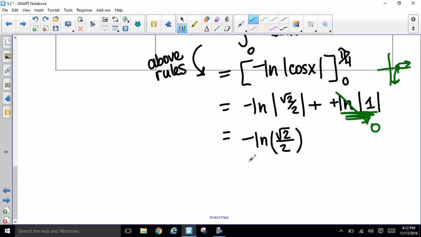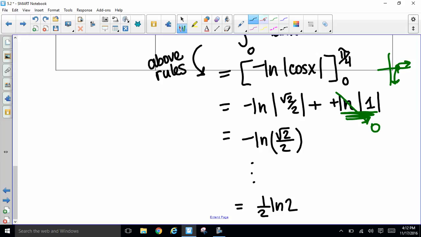How you are likely to see it, they can clean this up and say it's 1/2 natural log of 2 with algebra rules. Algebra rules, exponent rules, log rules. So work on that and see what you're able to do. I would pause this and try it on your own.